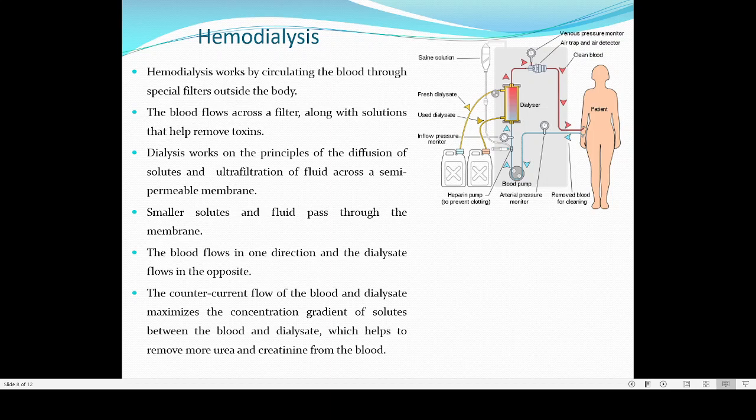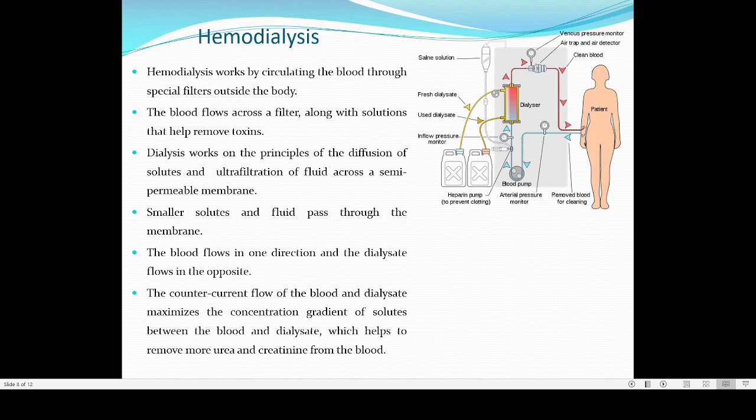Waste materials enter the dialysing fluid, and after removal of the waste, clean blood is pumped back into your blood vessel. So this is how the process of dialysis normally takes place.